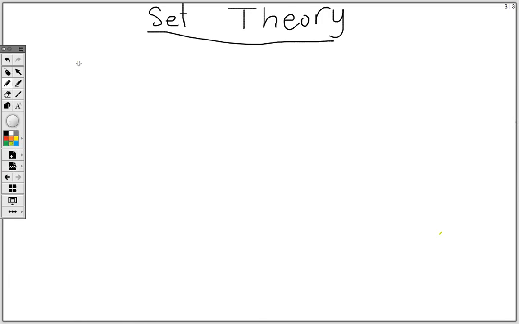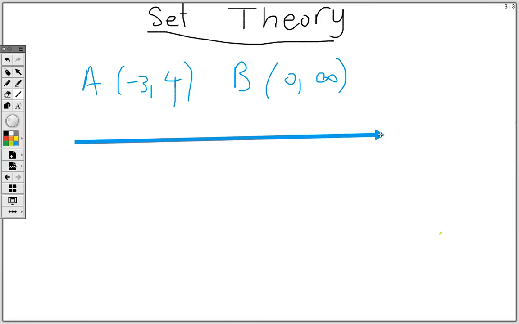Now, say we have A to be -3 and 4, and infinity. Now, if we want to go ahead and represent this on a number line, it's a good idea to represent it on a number line so you have a better idea of what is happening.